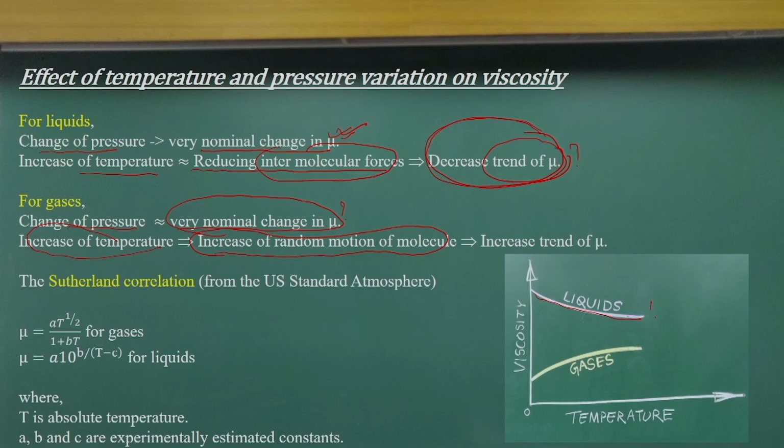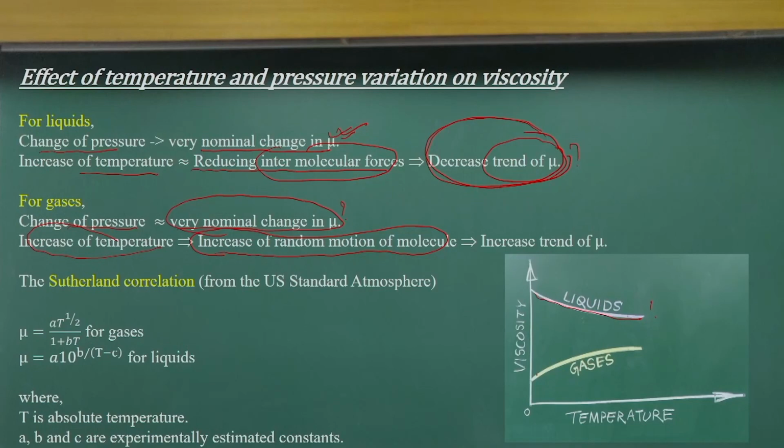As the random motion of the molecules increases, it definitely increases the mass transport and also the momentum transport. Because of that, in a gas, as given here, the viscosity increases as the temperature increases.